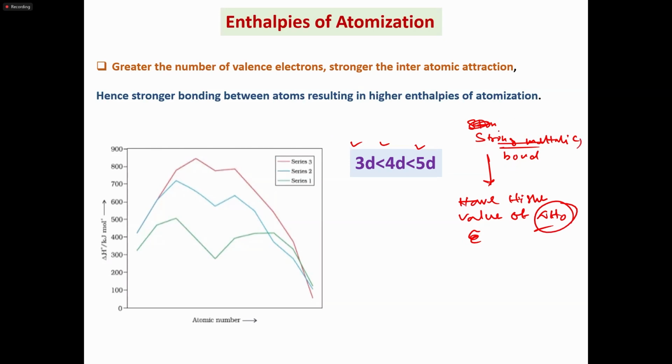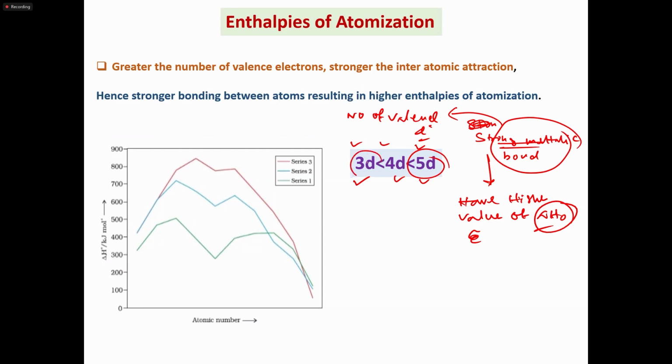Now, a strong metallic bond depends on the number of valence electrons. If you consider the 3d series, 4d series and 5d series, we know that the 5d series has the higher number of valence electrons, the 4d is less, and then 3d is the least.